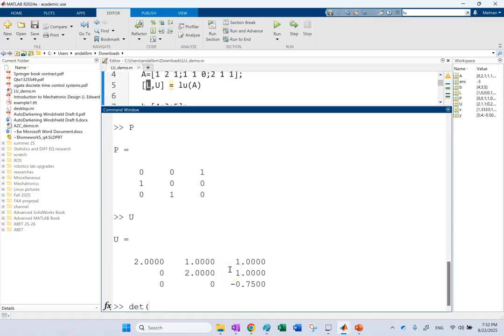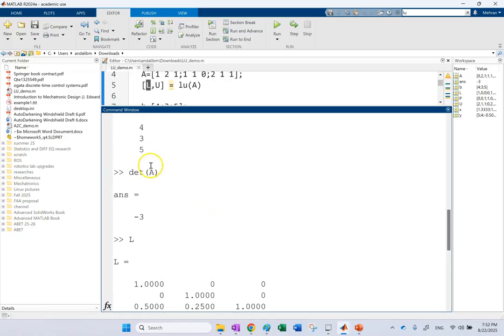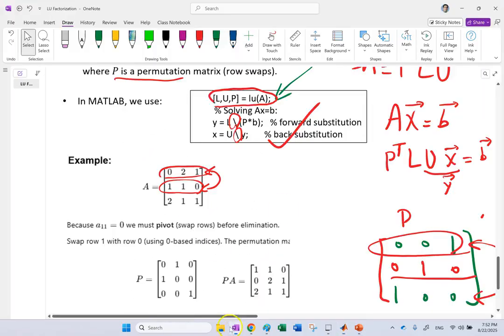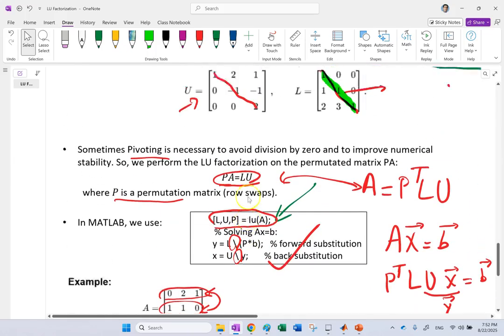So you see, if I multiply the determinant of L by the determinant of U, times P, because it's PLU, you see it's also -3, which is the same as A, and of course it should be. And I could just multiply those diagonal elements.